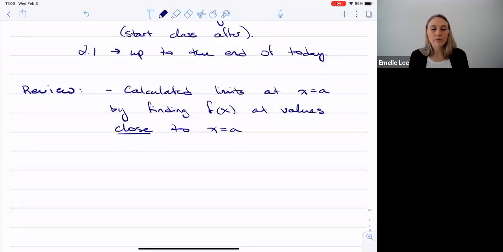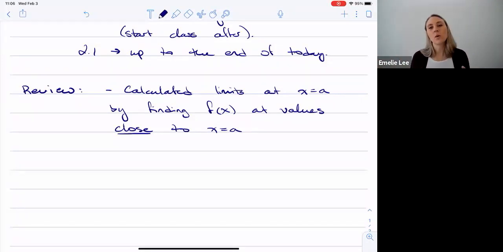If you want to find the limit at x equals 2, for example, you might try values like 1.9, 1.99, 1.999. You can get infinitely close. You might grow bored, but you can get really close to 2 without being at 2. Then you could try 2.01, 2.001, 2.0001. So you can get really, really close to 2, but not at 2.